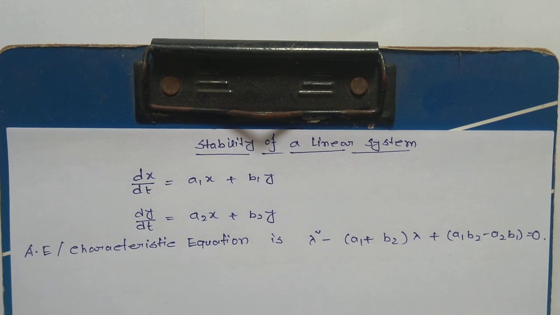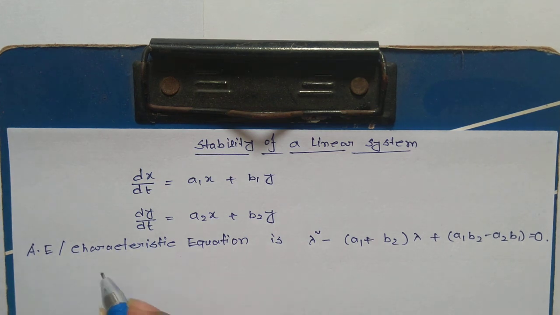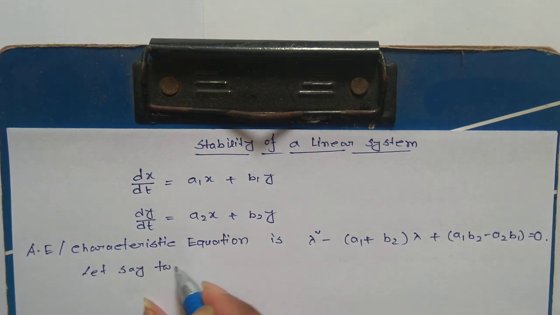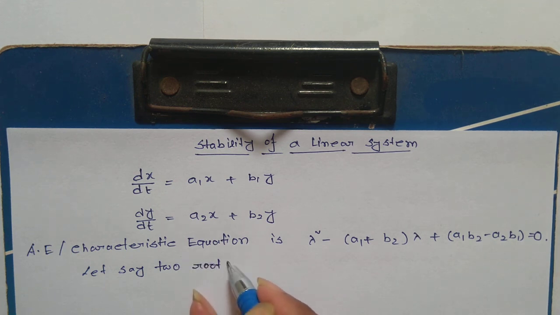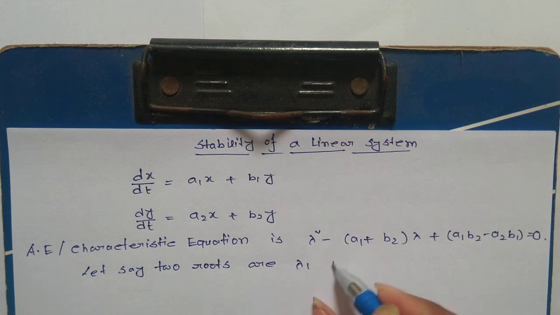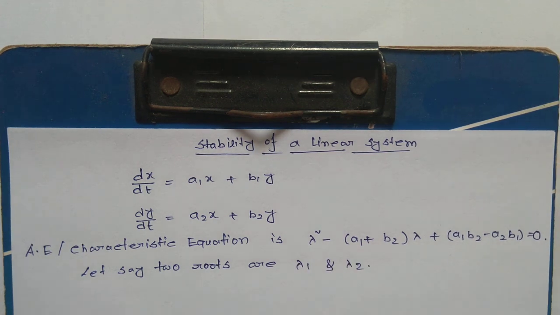Okay, let's say the two roots are lambda 1 and lambda 2.